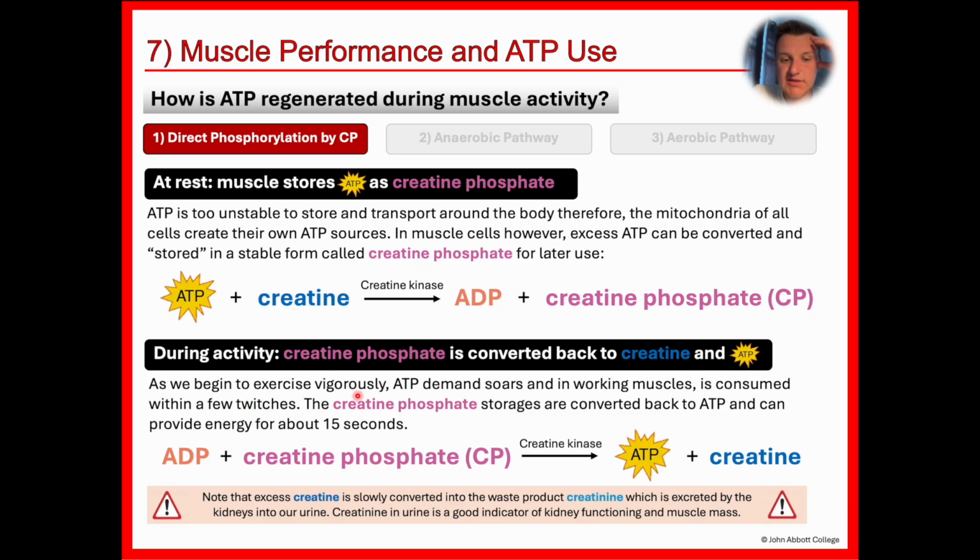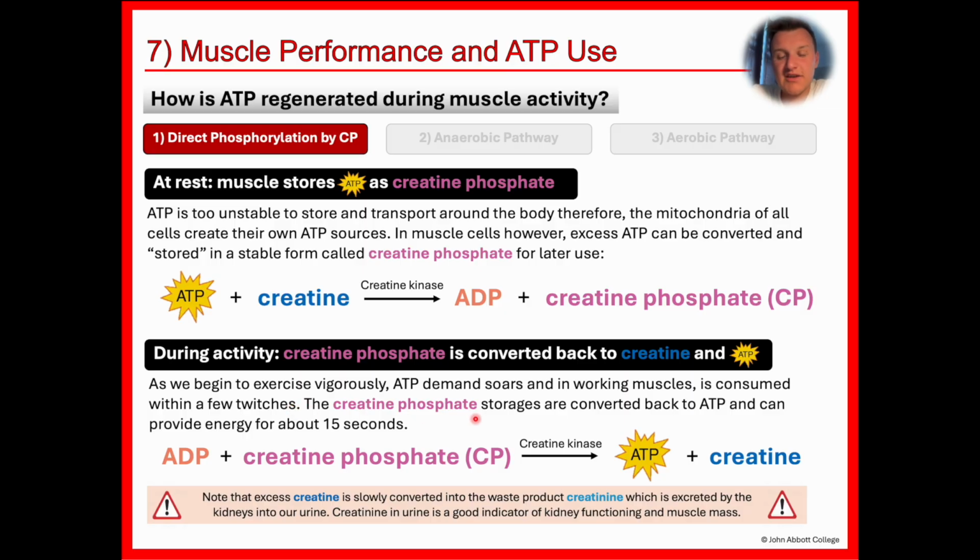So as we begin to exercise vigorously, ATP demands will soar. They will go up. We need ATP, right? And in working muscles, it's consumed within a few twitches. So just a few muscle twitches, you will need more ATP. You will use up all the ATP that you had already.